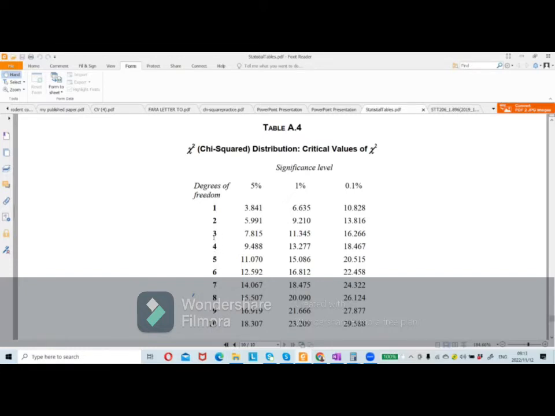But the degree of freedom is what? 3. Under 1%, what do you have? 11.345. That is how you check the table.